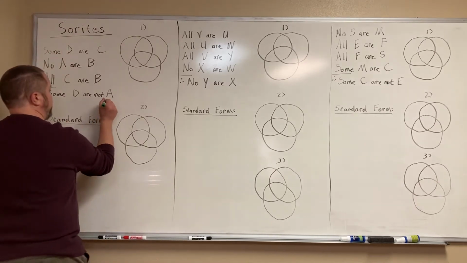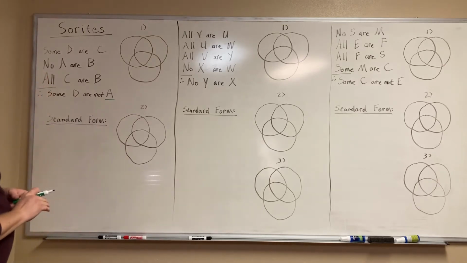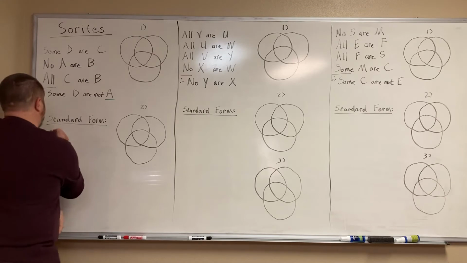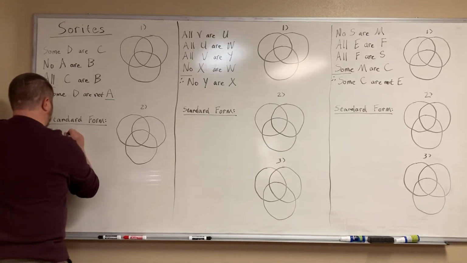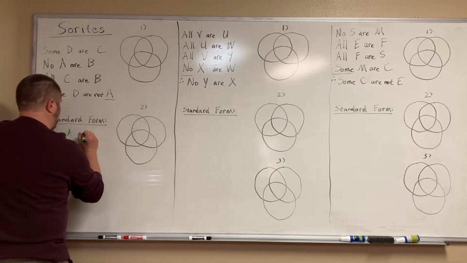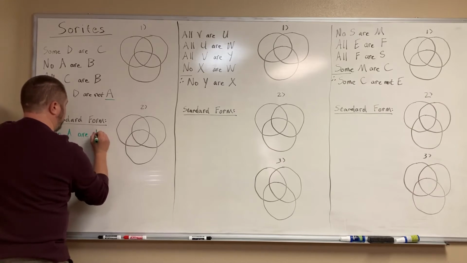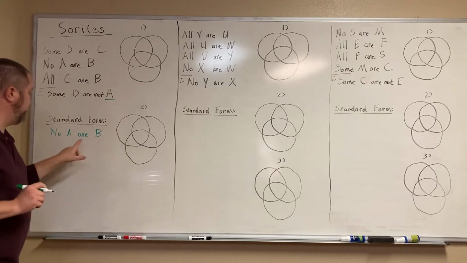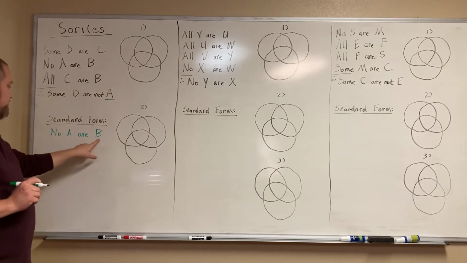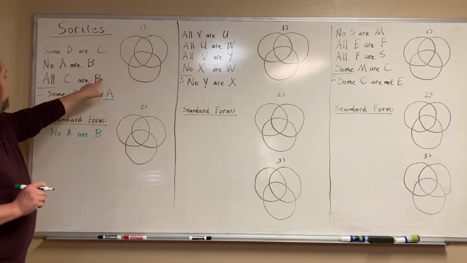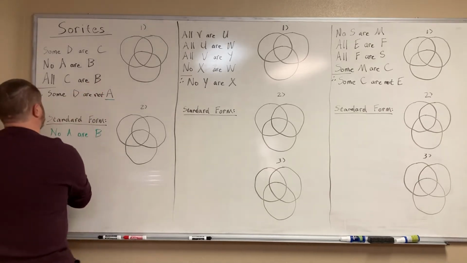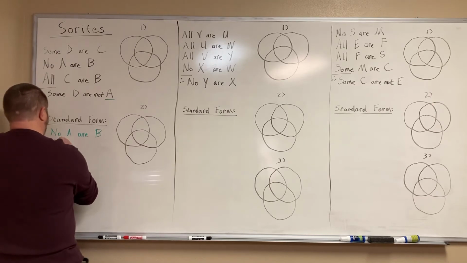So right here, the major term is A. And you'll see there's only one premise with an A in it, and that's no A or B. And then we look at the other term that's in that premise, which here is B. And there's one premise that has B in it. We'll put that one next. All C are B.